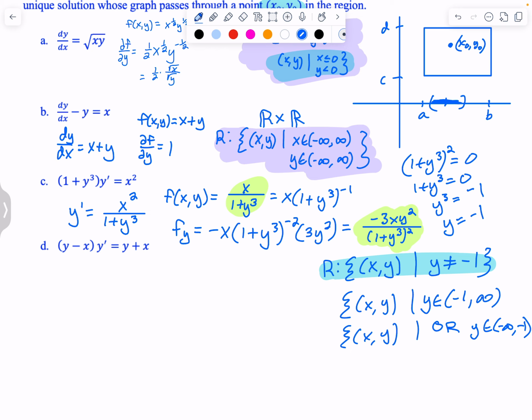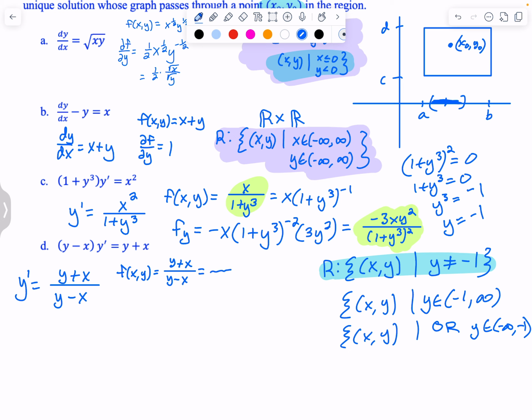All right, so one last one here. I solve for y prime or dy/dx, whichever form it's in, and I get (y plus x) over (y minus x). Okay, that's going to be my f of xy. And then I'm going to do a trick here for the partial.